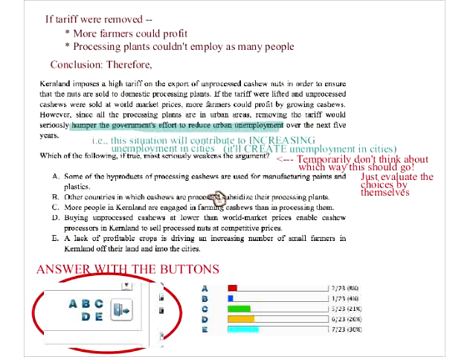Okay, some of the byproducts of processing cashews, we don't care. This doesn't matter. Other countries in which cashews are processed, we don't care what other countries do. We only care what Kirtland does. More people are engaged in farming than processing.